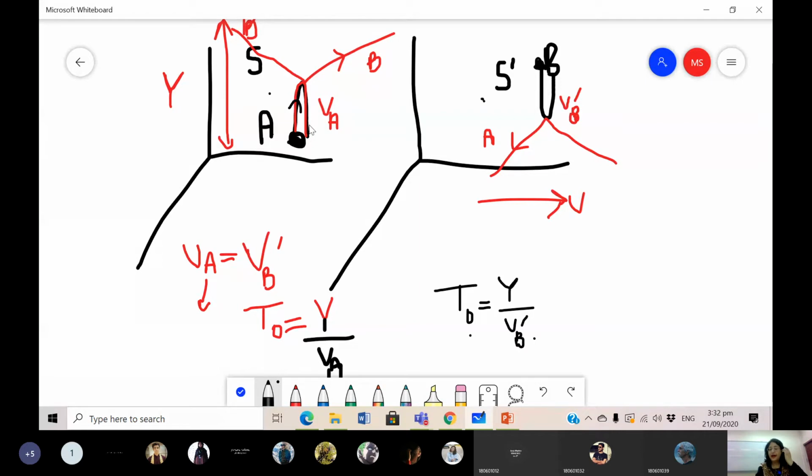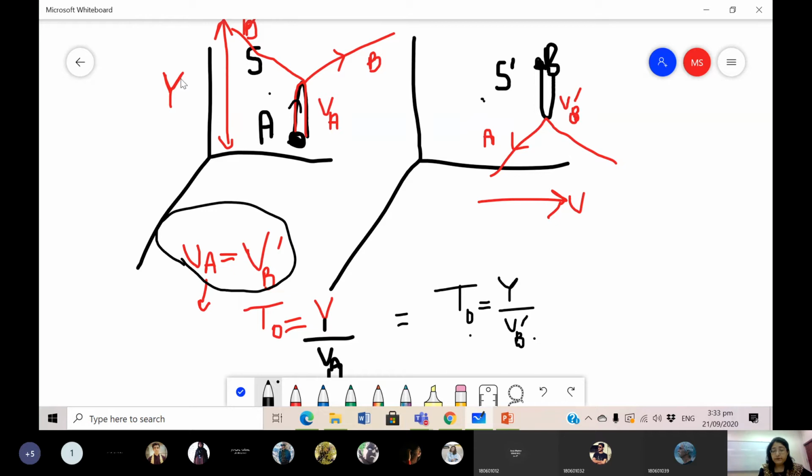Half y plus half y will give you y. So these are two equations, and because we know that VA is equal to VB dash from our initial condition, these two equations are equal.